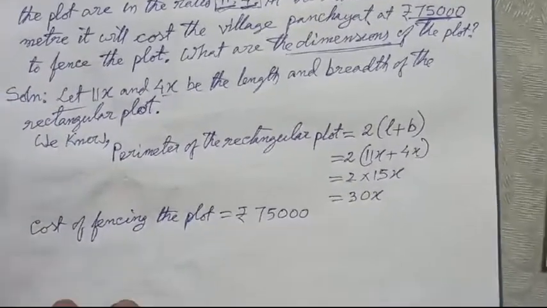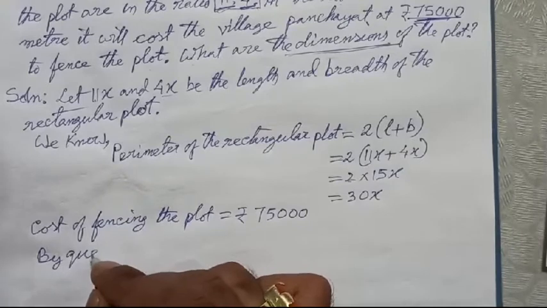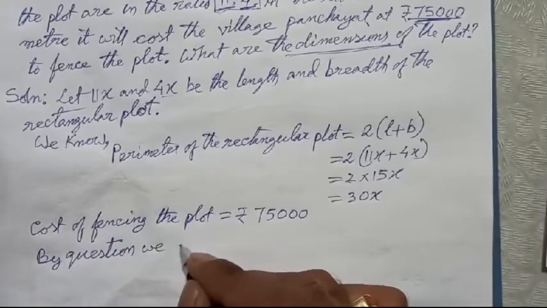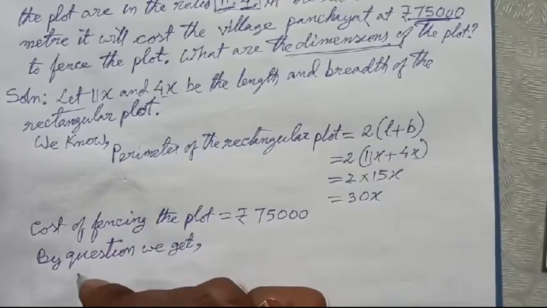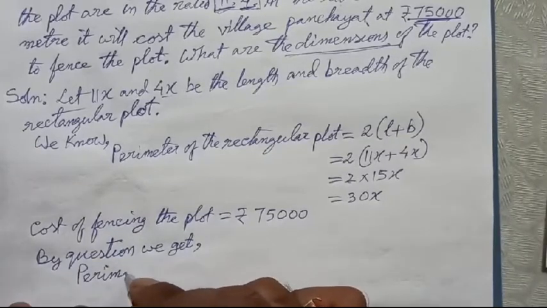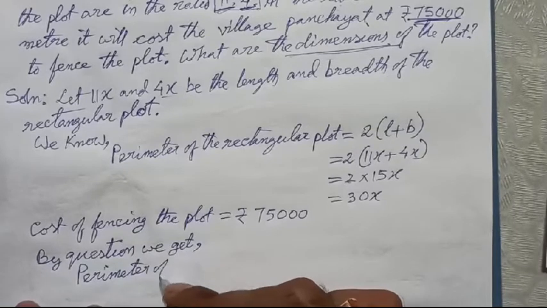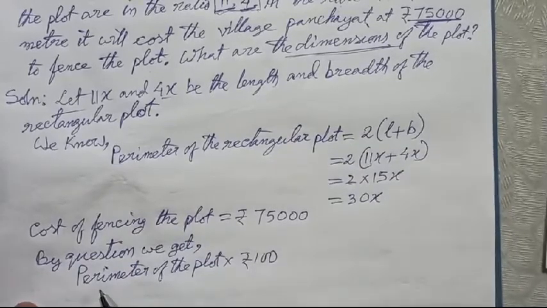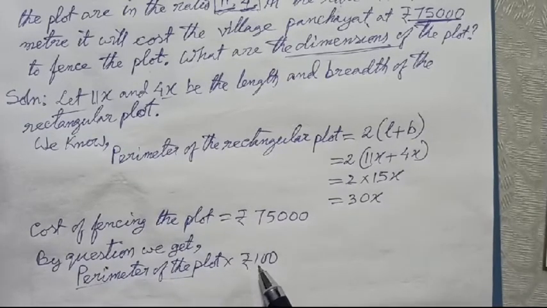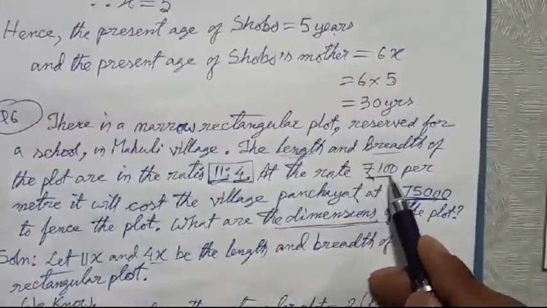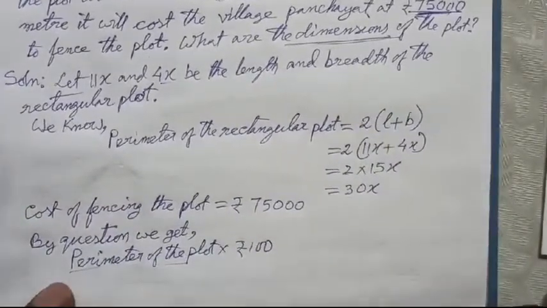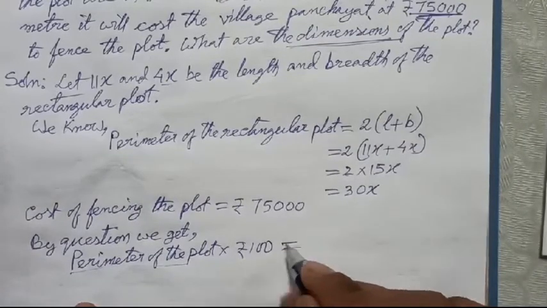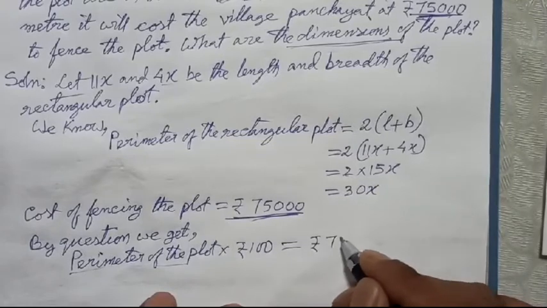By question we get perimeter of the plot into rupees 100 is equal to rupees 75,000.